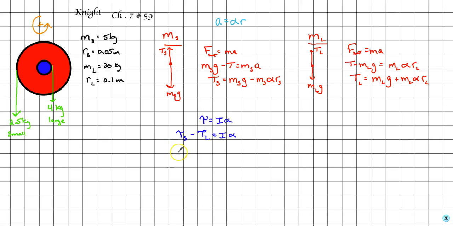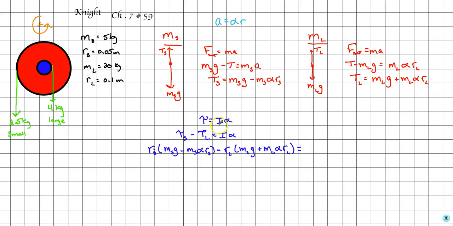Each is the tension times the radius, so it's going to become a little busy. We go with R sub s times m sub s g minus m sub s alpha r sub s, minus r sub l times m sub l g plus m sub l alpha r sub l.